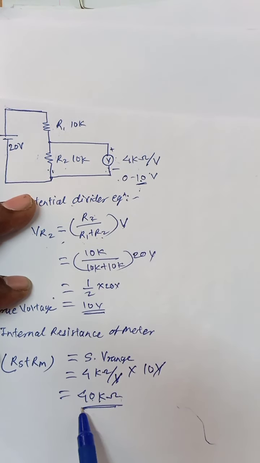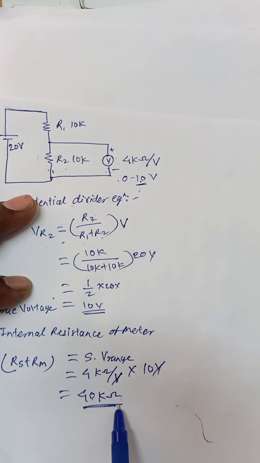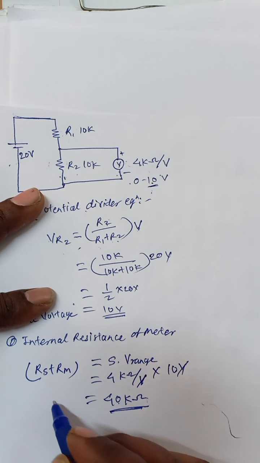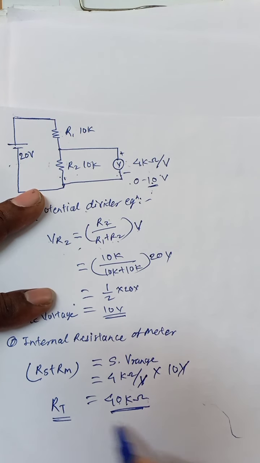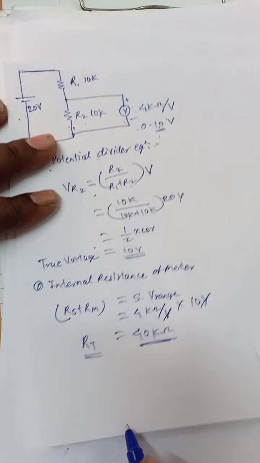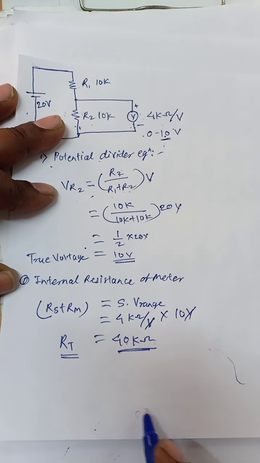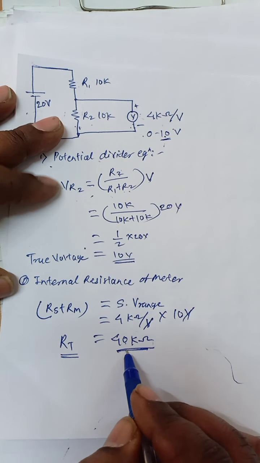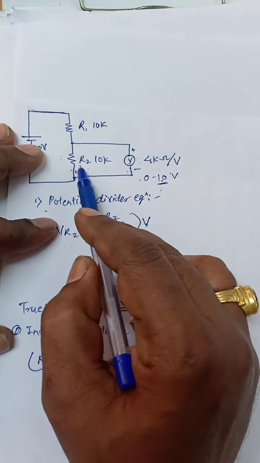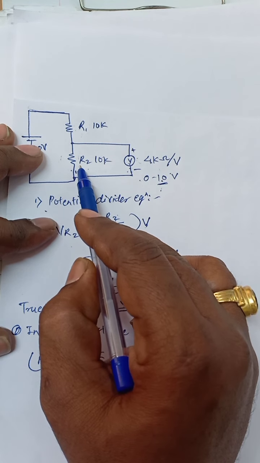We name this total resistance RT, which is now 40 kilo ohm, and it is connected across the resistance R2.